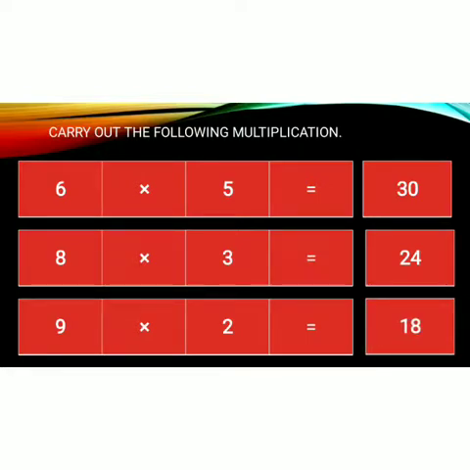Now we have to carry out the multiplication in horizontal form also. This way you have to say the tables, and with the help of the tables we will solve the multiplication.